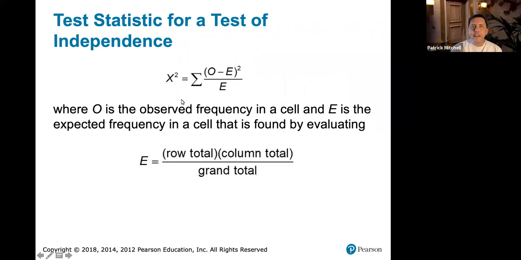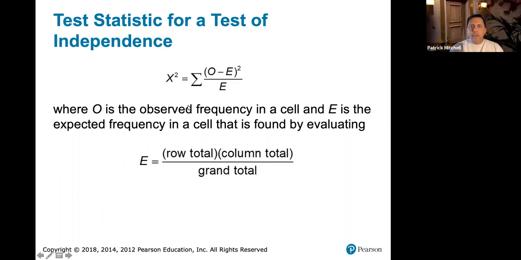The test statistic for a test of independence is the same as the one that we were using in the last section. It is chi-square, and it's found by calculating O minus E squared divided by E for each cell, and then adding all of those together.